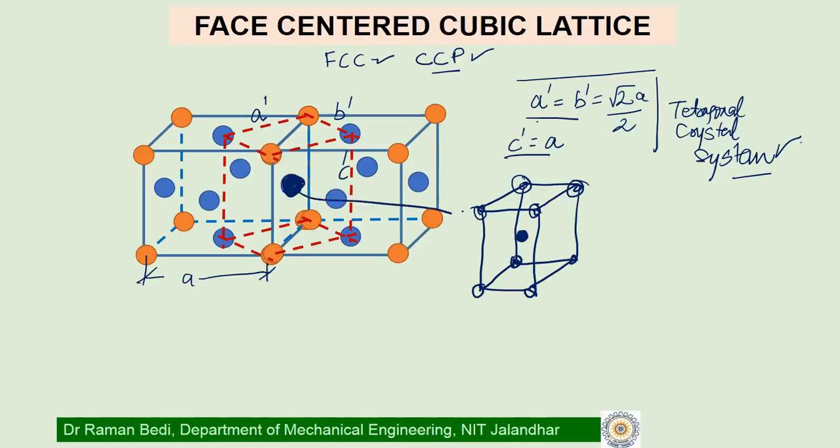So this is another unit cell which we say is tetragonal I. So tetragonal I is also there, but going back to your 14 lattices, we find we have the FCC system also retained there.